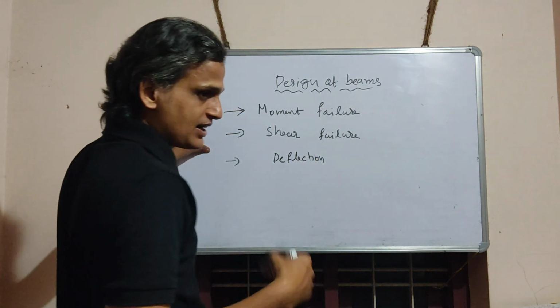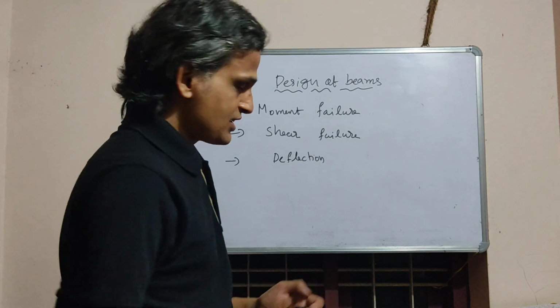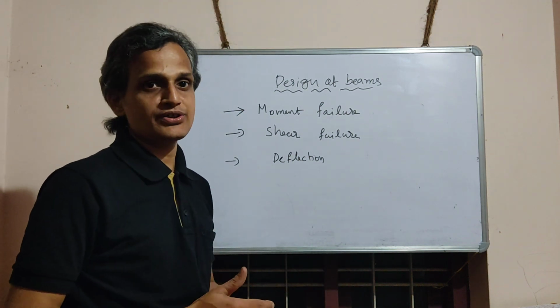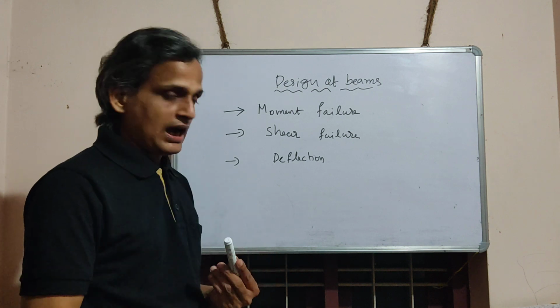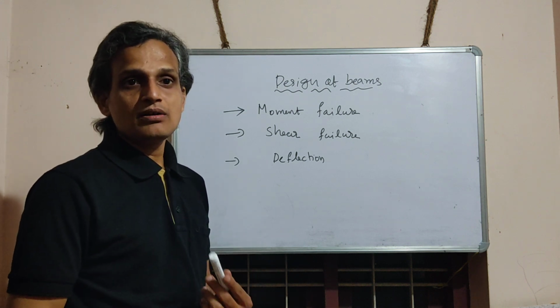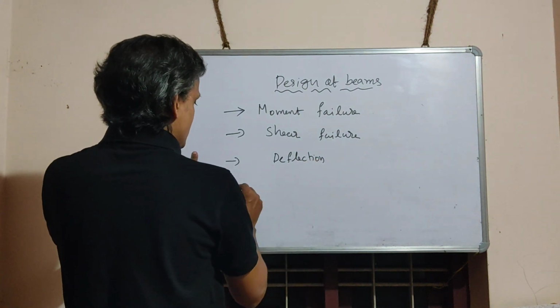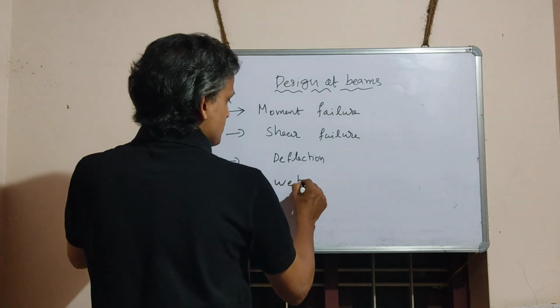As steel is a ductile material, it has high deflection compared to concrete. So, the actual deflection should be within the permissible limit. That is the deflection criteria. Fourth one, web buckling.